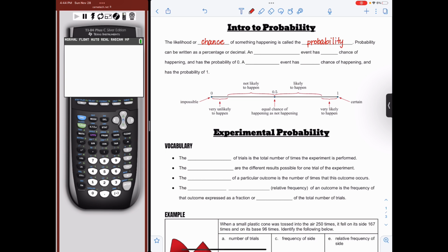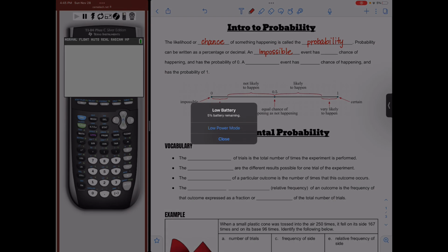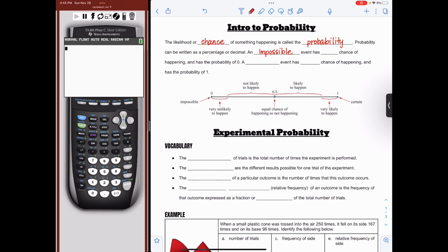Probability can be written as a percentage or a decimal. Okay? An impossible event. So if something is impossible to happen, an impossible event has a 0% chance of happening and has the probability of 0.